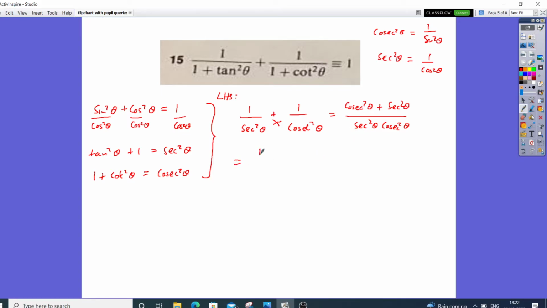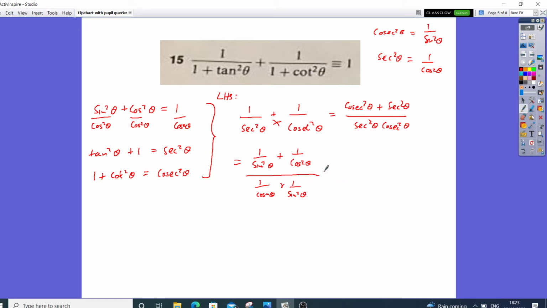So that's my rationale behind all this. So I've got 1 over sine squared theta plus 1 over cos squared theta all over 1 over cos squared theta times 1 over sine squared theta.